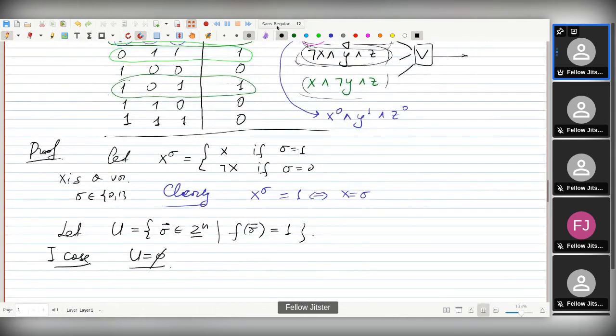If U is empty, that means that our function is a constant 0. For every sigma, it is 0.